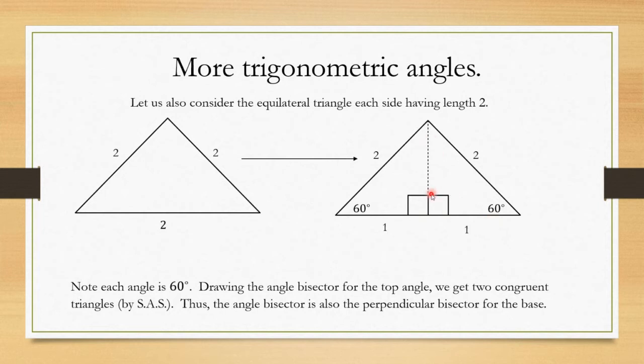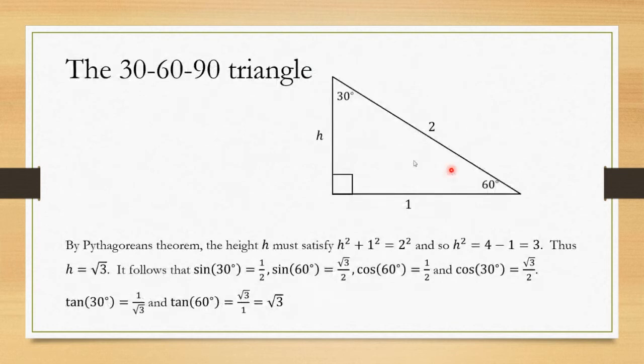And now we can actually get the height. How do we do that? Well, Pythagorean's theorem. Specifically, if we take one of these triangles, say the one on the right, to get the height h, you can use Pythagorean's theorem. In fact, that's what you have to use because we don't know what sine and cosine of 60 degrees is yet.